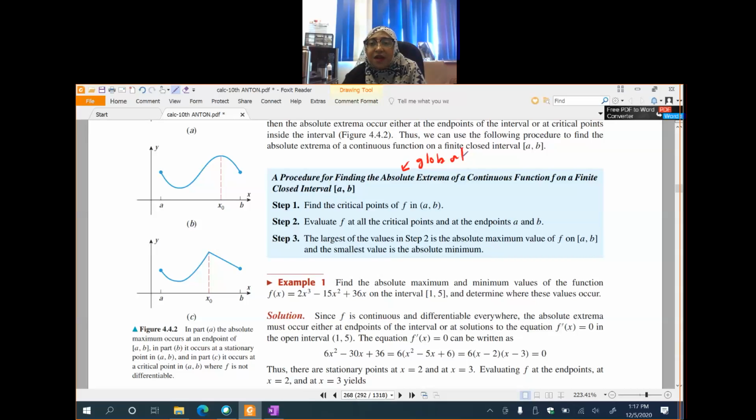The absolute maximum means the highest value for the maximum values. And absolute minimum means the lowest value for the points along the graph.